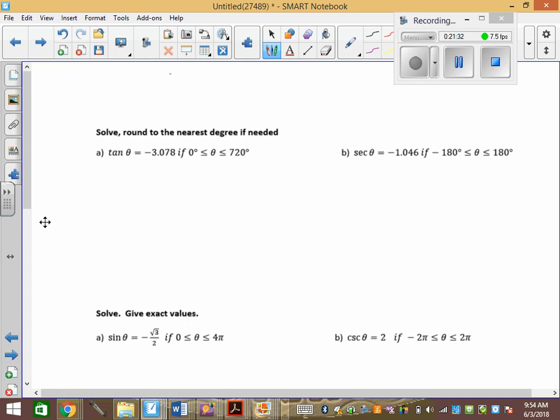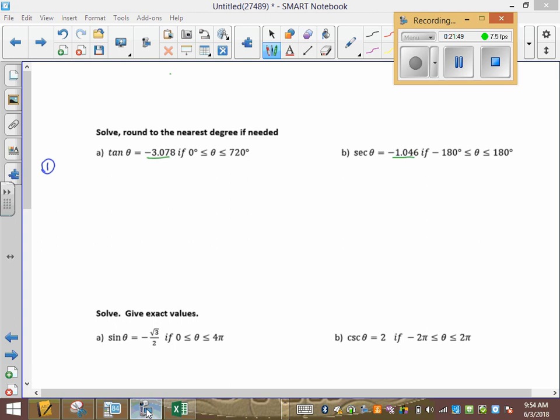When we want to solve and the answers are not directly available off the outside of the unit circle, you have to follow your 3 steps. First step: to get the reference angle, we want the angle in the first quadrant, because the first quadrant angle is the same as the reference angle.